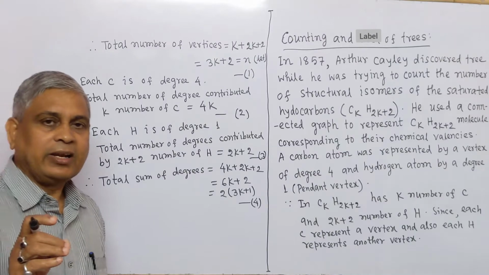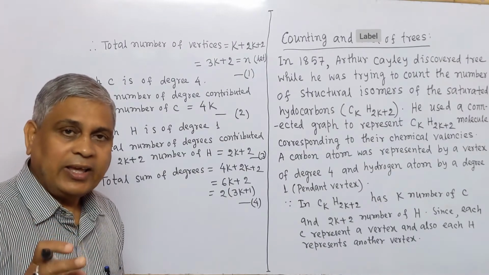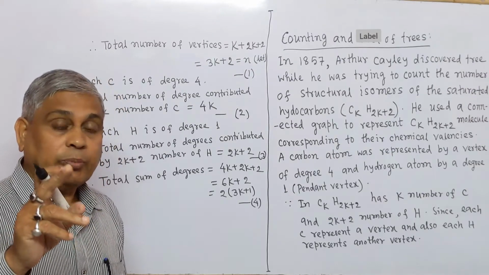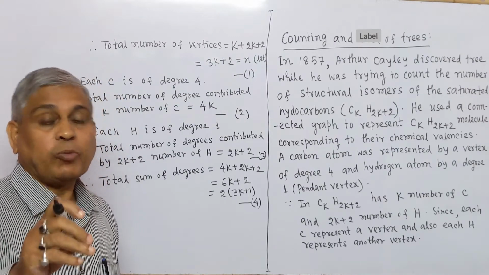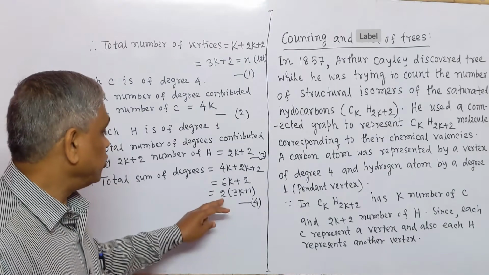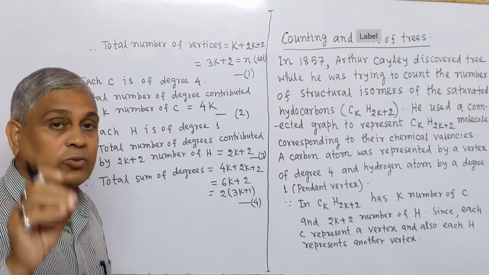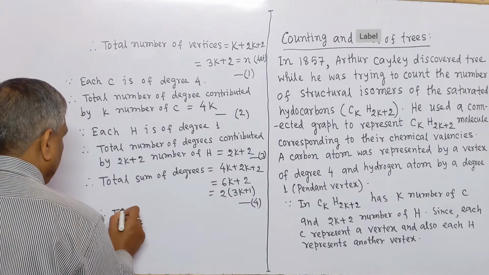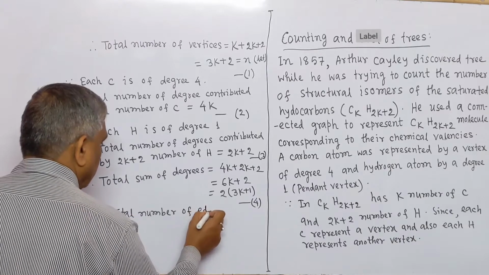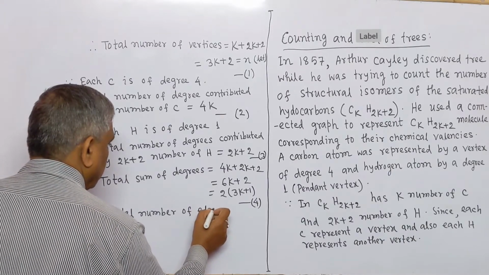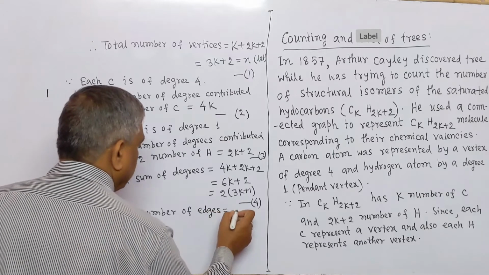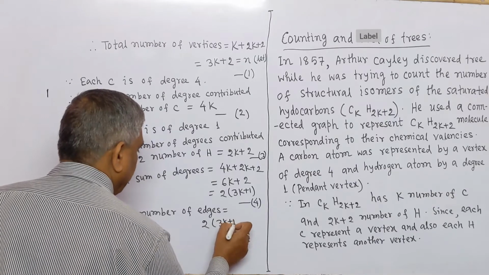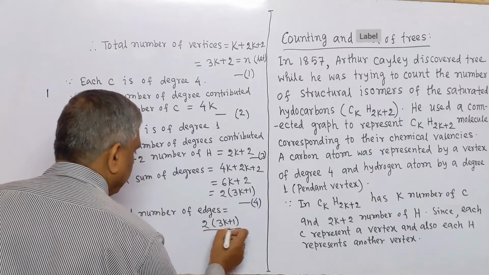We know that one edge gives rise 2 degree. Therefore, total number of edges will be total sum of degrees by 2. Therefore, total number of edges equal to 2 multiplied by 3k plus 1, total sum of degree by 2.